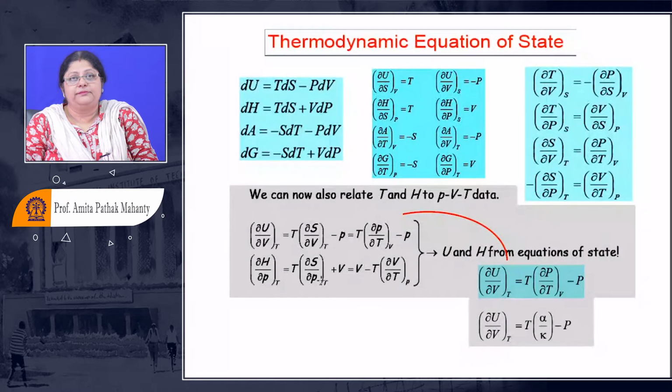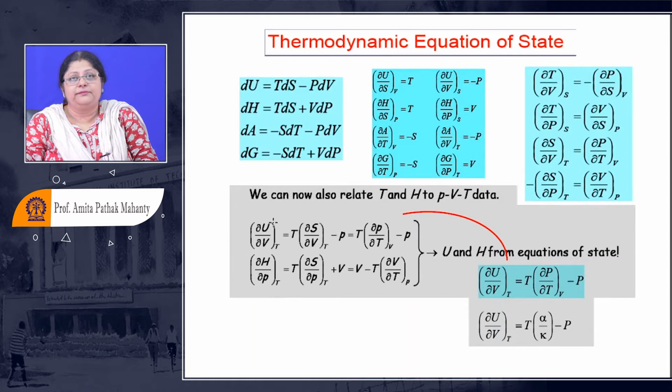Then we found out in the last class two additional thermodynamic equations of state, where we had the variation of internal energy with volume at constant temperature and the variation of enthalpy with pressure at constant temperature.